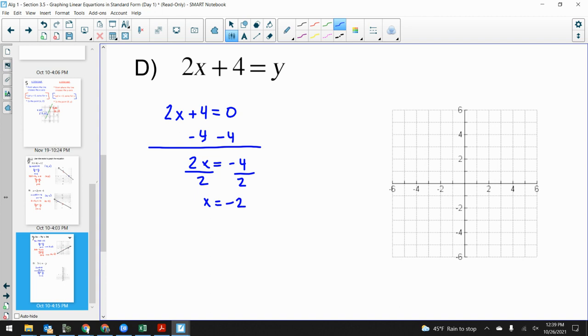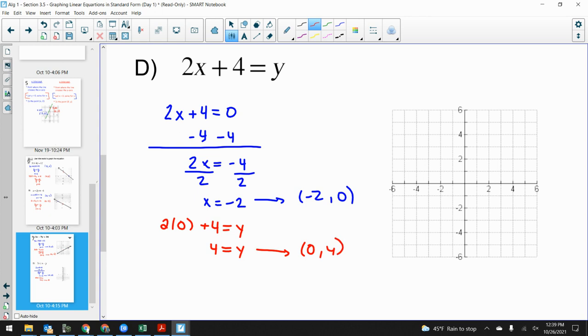We get negative 2. We do the same thing for our y-intercept, but now we say 2 times 0 plus 4 is equal to y. Hey, that's convenient. The 2 times 0 is going to go away, so 4 is equal to y.